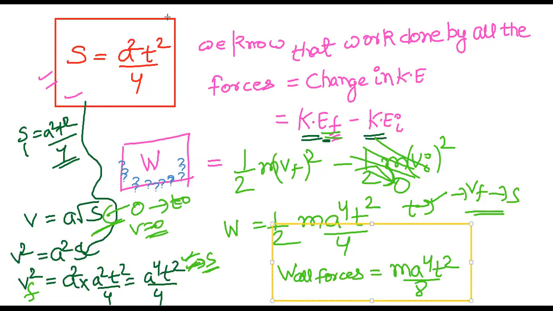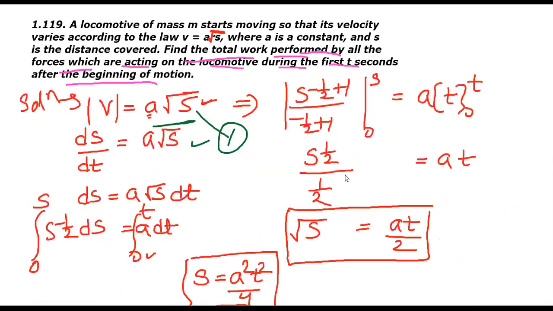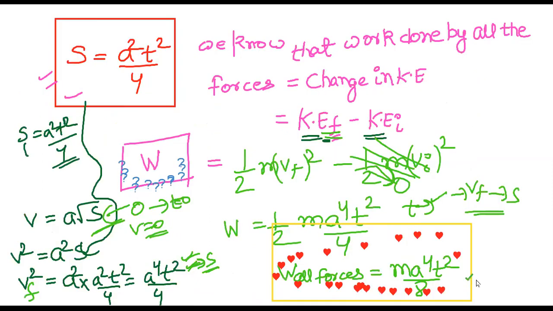As it was asked in the question to find the total work performed by all the forces, we got m a^4 t square by 8. Okay, so students, let us move to the next question.